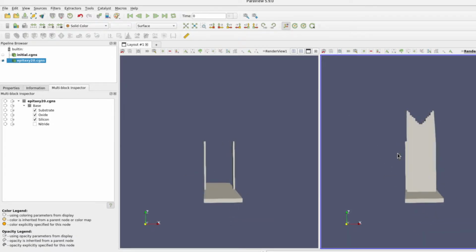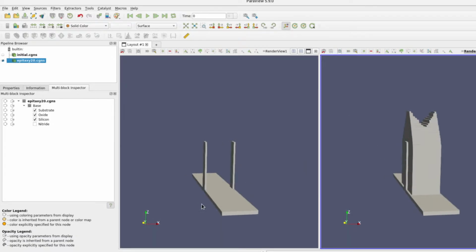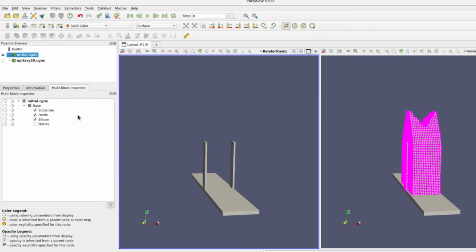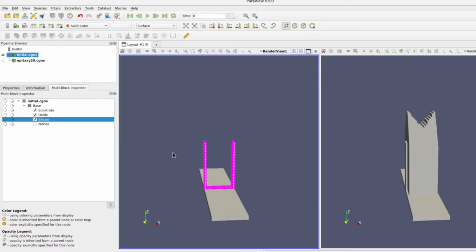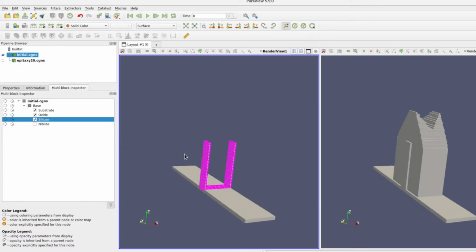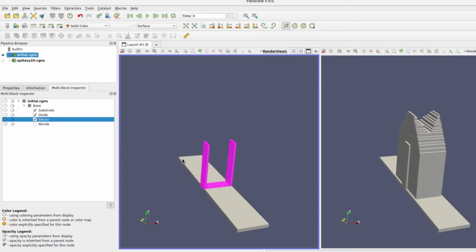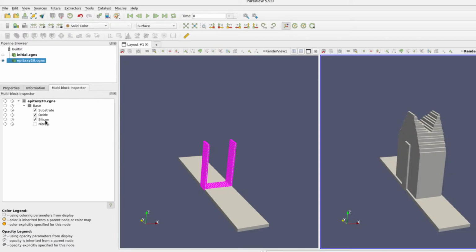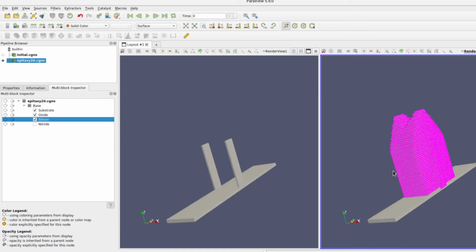Okay, now you can see in the left panel the initial structure. There was only silicon, and after that we tried to make anisotropic, selective epitaxy, and now we have a shape that looks like this.